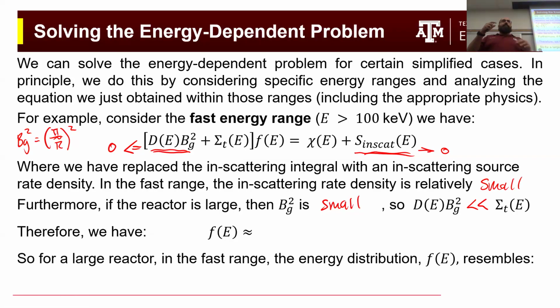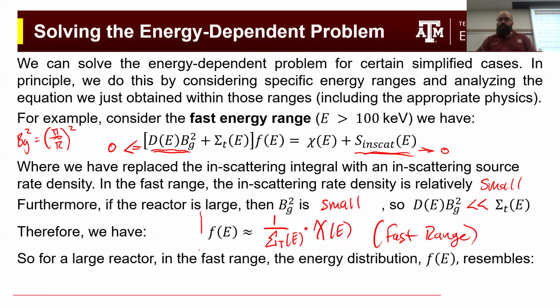And if that's the case, then all we have in this equation is sigma_T times f of E, and that's equal to my fission spectrum. If I wanted to get an expression for this energy distribution, I would just divide the sigma_T over to the other side. So this is going to look like 1 over sigma_T of E times chi of E. Notice this was written for the fast range.